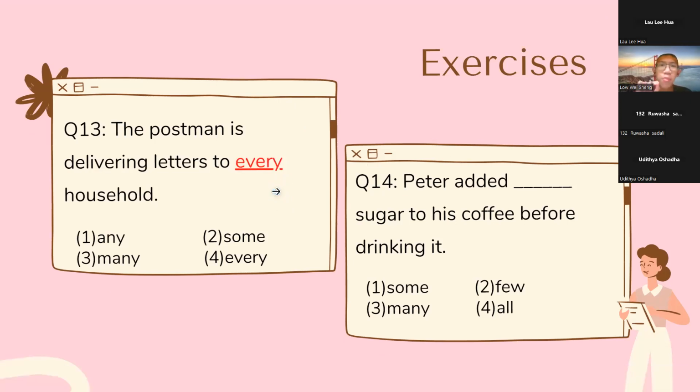So why can we not use some, and why can we not use many? You need to pay attention to how the word is used, right? For some and many, you're referring to a plural number of items or objects. And so the noun behind it must be in plural form. But what you see here, it's singular, it's household. So that's why the answer can only be every, because when you use the word every, you follow up with a noun in singular form.